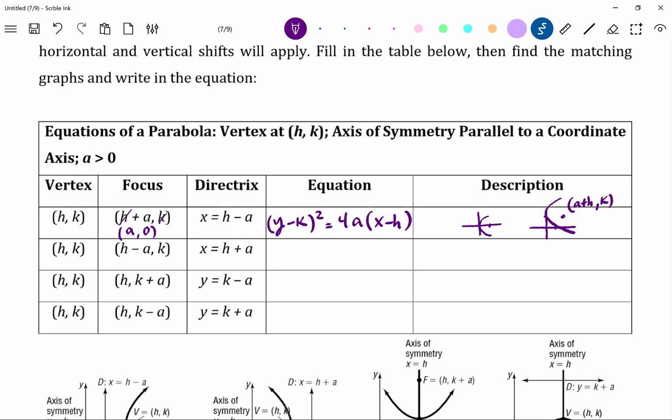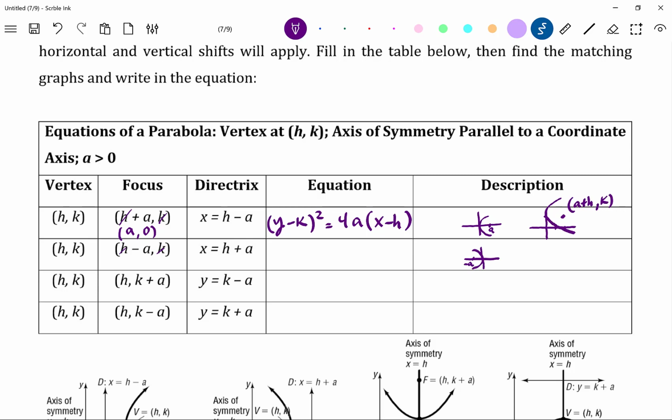If h was added to negative a, so again if we ignore the h and k, we are looking at the shape of the parabola with negative a at the focus.